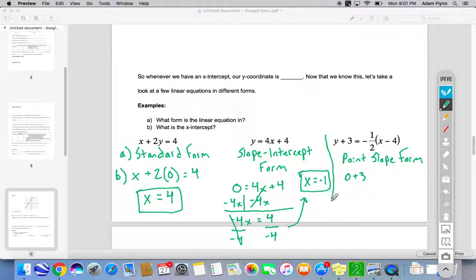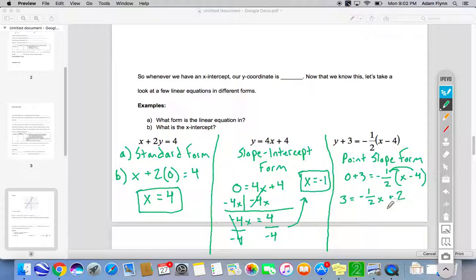Let me kind of separate all these. 0 plus 3 equals negative 1 over 2 times x minus 4. So if I simplify this, 0 plus 3 is just 3. And if I distribute this negative 1/2, I get negative 1/2 x plus 2.